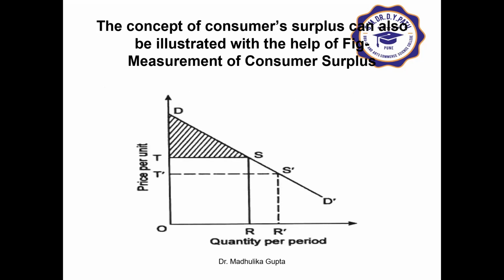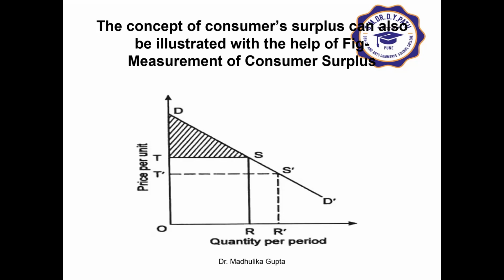If a consumer buys all the units OR, can you see, at RS price, he gets a total satisfaction equal to DORS. Can you see it? But he spends only ORST amount of money. Did you see it? So his surplus satisfaction is DTS. That is the shaded area.